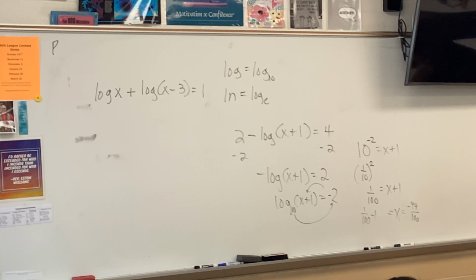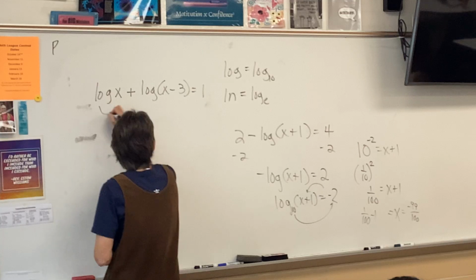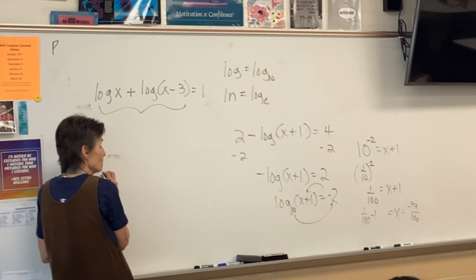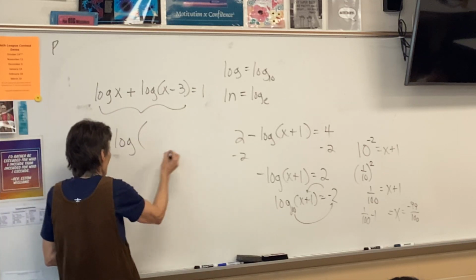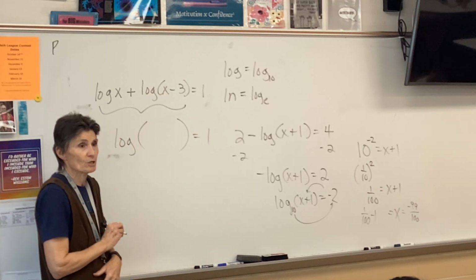This is impossible. I can't do it, you can't do it, we can't do it. The only thing we can do is condense it, so instead of having 2 logarithms, we only have 1, okay? So we are going to smush these together, so there is only 1 logarithm on that side of the equation.